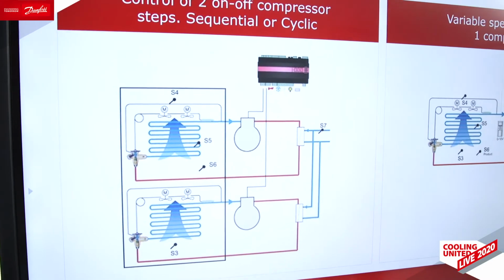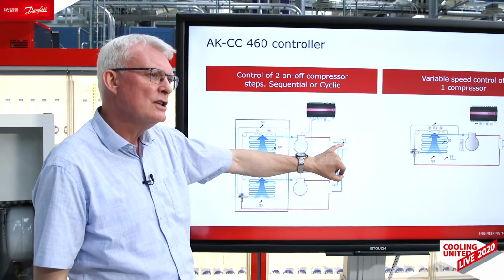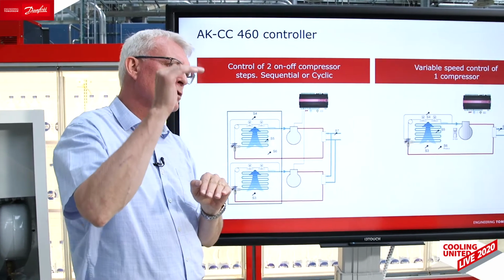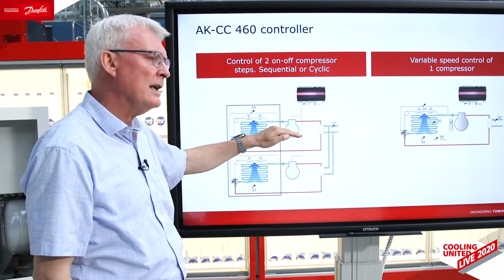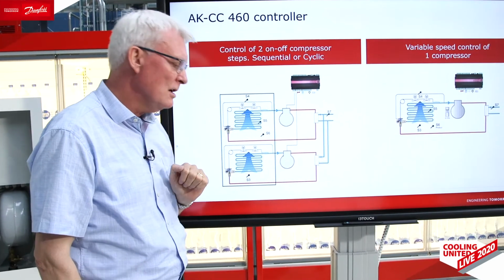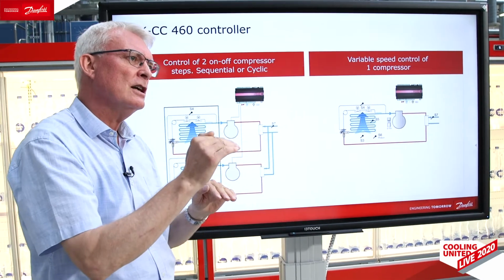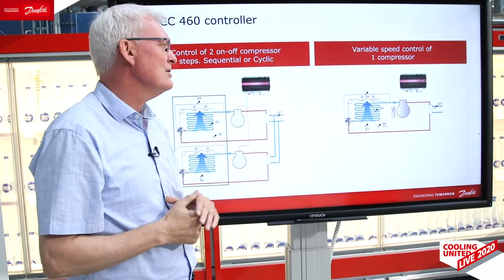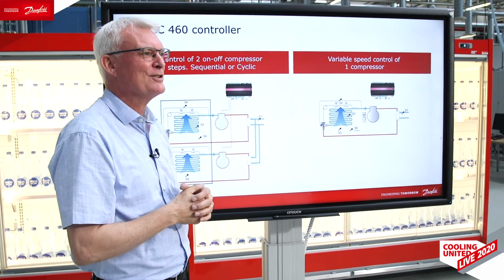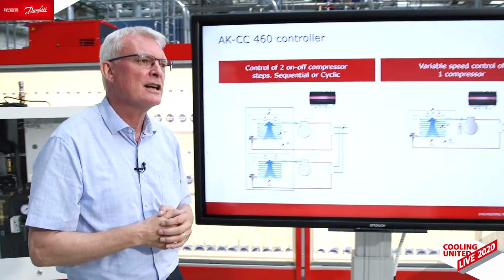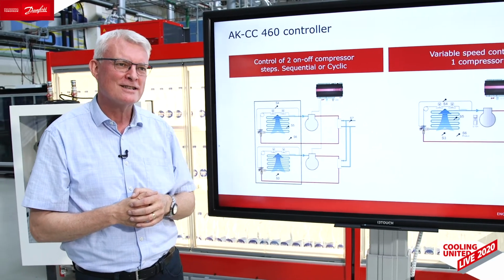And then we have a functionality where we monitor the water temperature, and if the water temperature is getting too high, then we can actually reduce the compressor capacity by taking out the third compressor, or with the variable speed, we can reduce the speed on the compressor, so we are not running it to death, so to say. So that's the way we can control it, and I think we have a very nice package here for R290 semi-plug-in applications. Thank you very much, Einar.